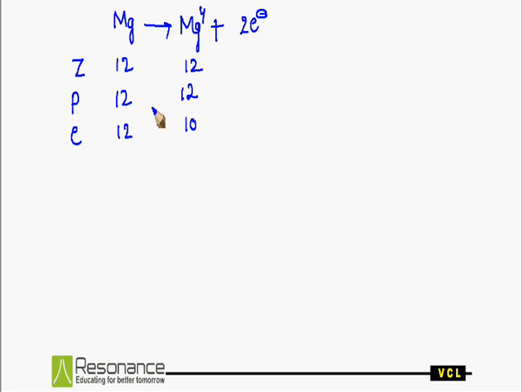As we know, the charge on a proton is +1, so we can write the total charge will be +12, and an electron has 1 unit of negative charge, and here 10 electrons are present, so the total charge of electrons is -10, and the result will be +2.